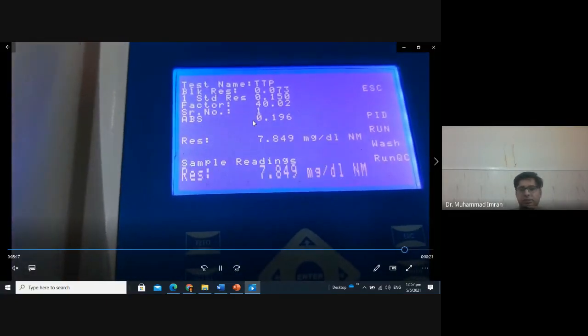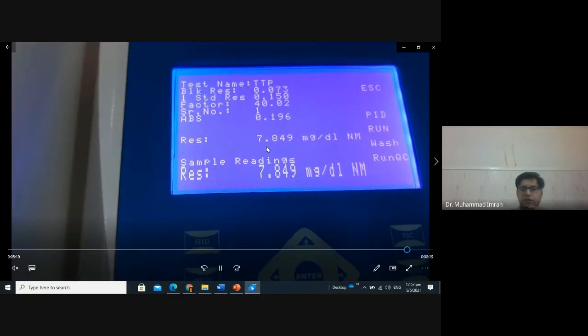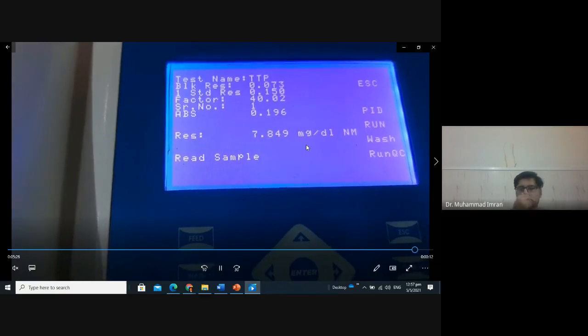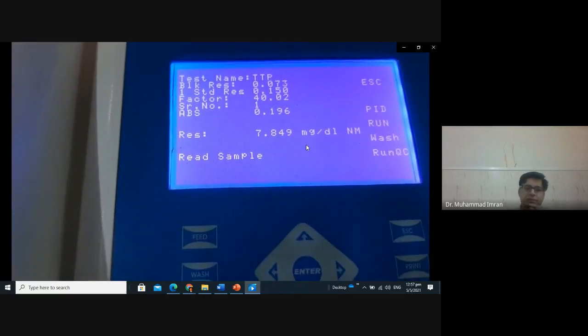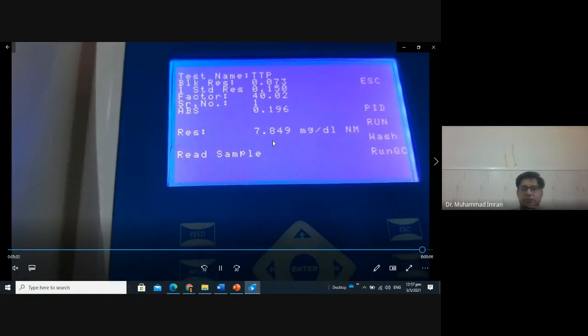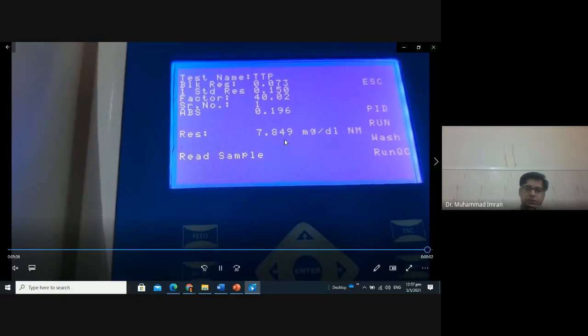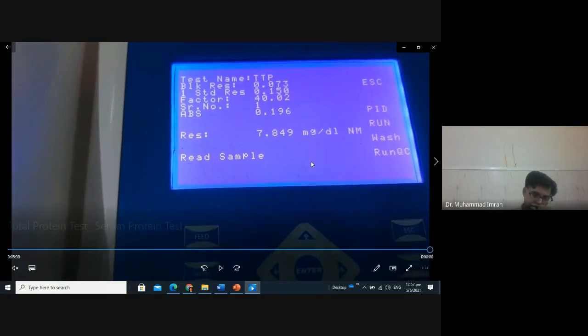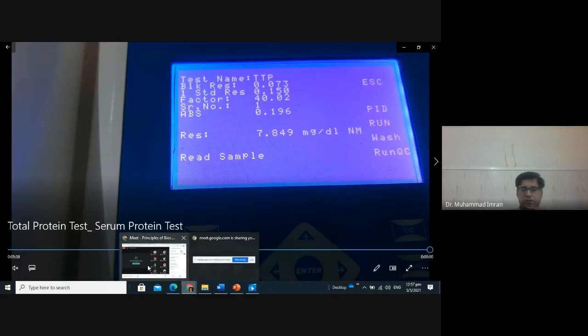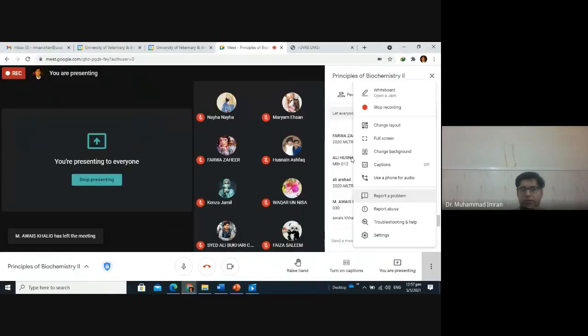The absorption of sample is 7.849 gram per deciliter. This is the reading of your sample, which is in the normal range of 6 to 8 gram per deciliter. That's all about the total protein test. You can ask questions.